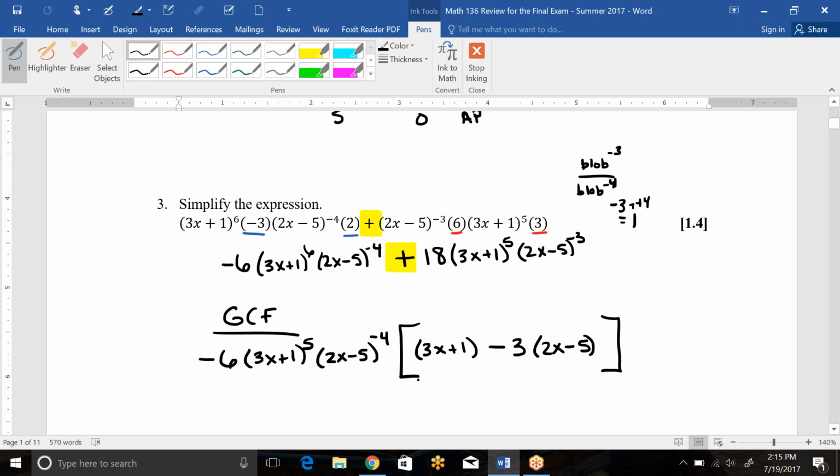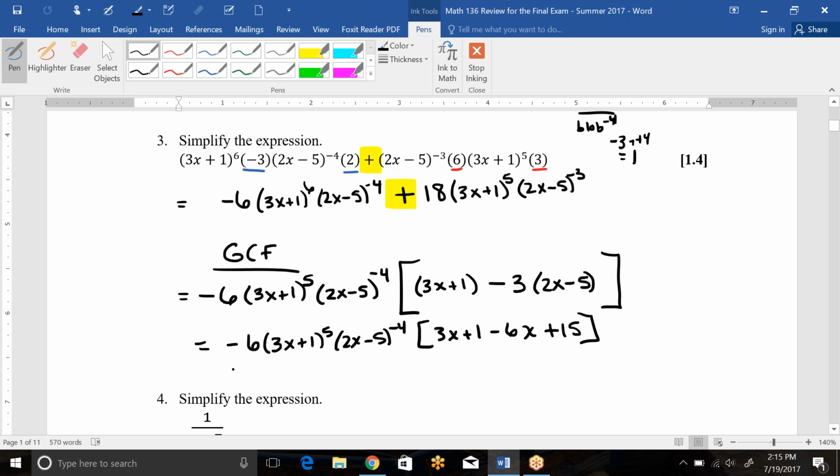Okay, so we're going to work this out. Keep bringing down our GCF. And this would be 3x plus 1 minus 6x plus 15. So I'm going to keep working it out.